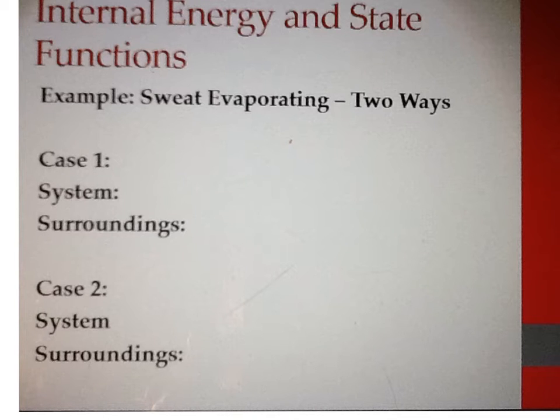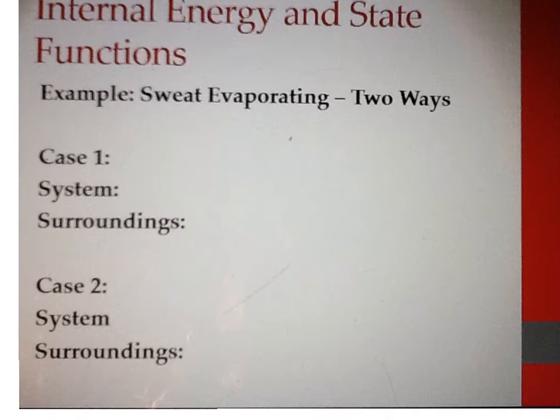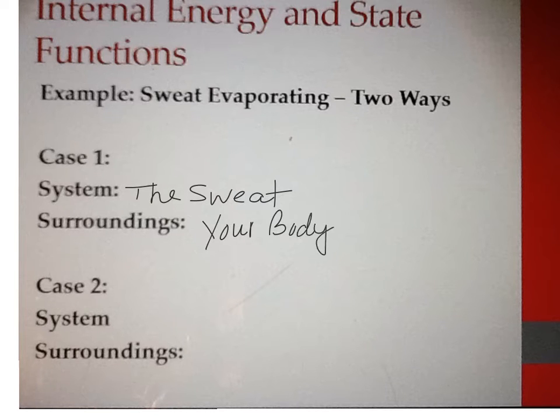So let's look at two examples of the real world, so to speak. Sweat evaporating can happen in two different ways. In the first case, we look at the sweat as the system, and the surroundings is your body and the universe.